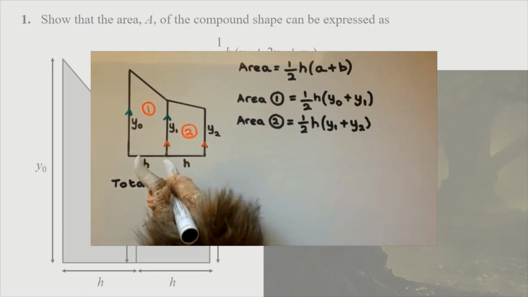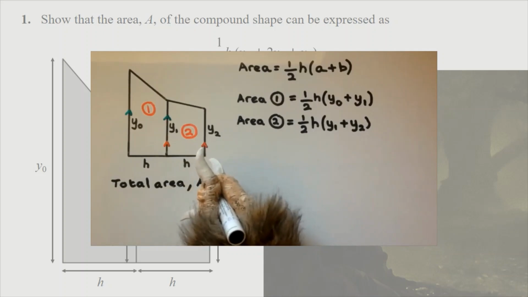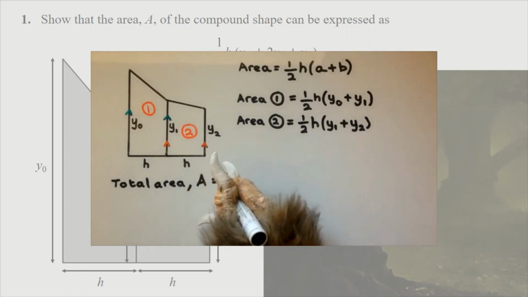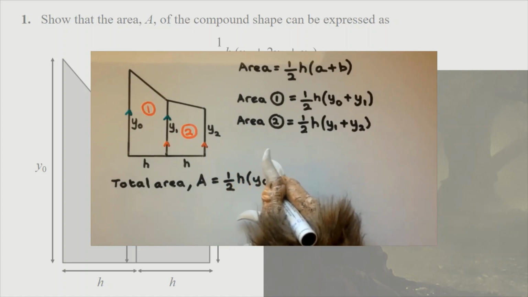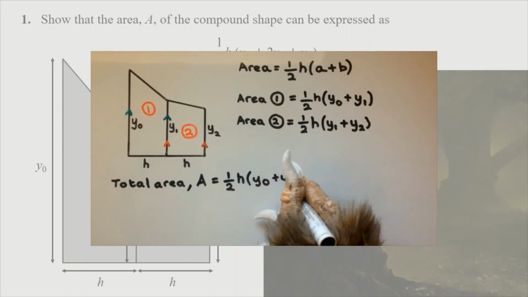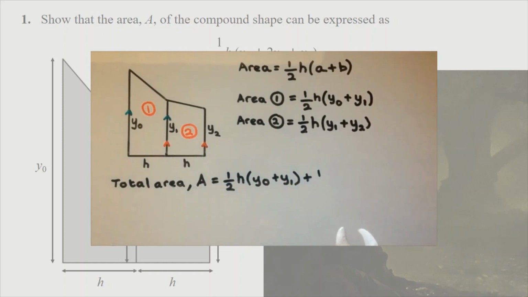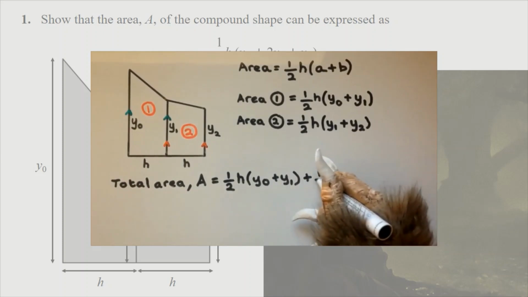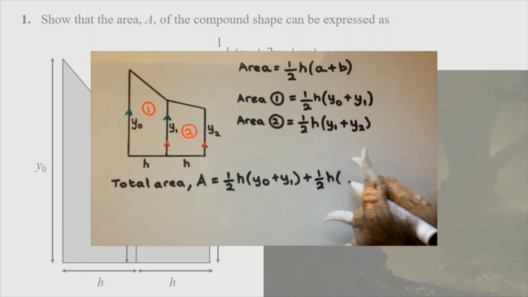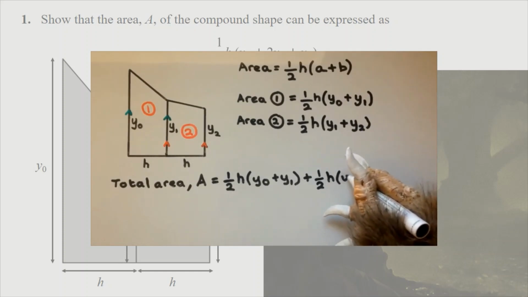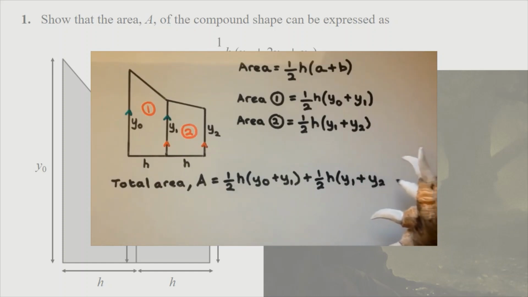Total area is A. It must equal 1/2 of h multiplying y0 plus y1, and then I add 1/2 of h multiplying y1 plus y2, like so.